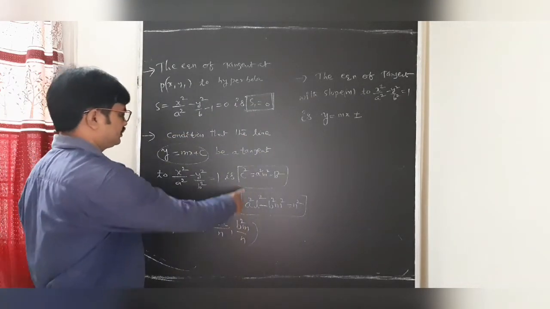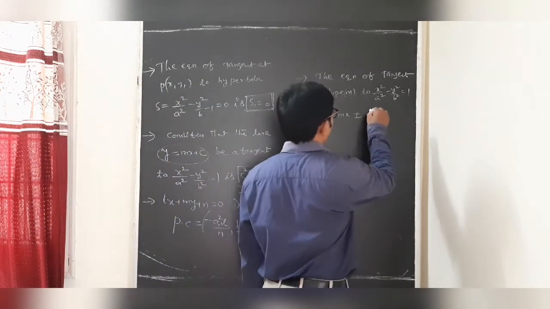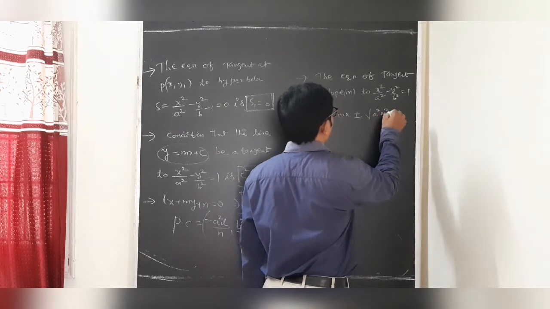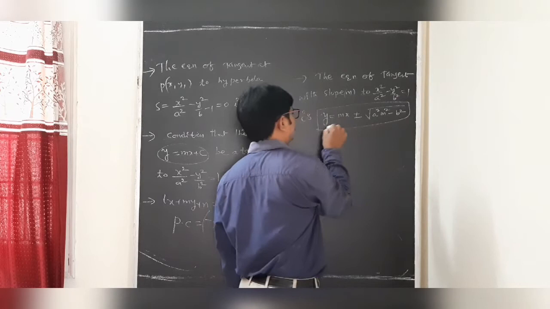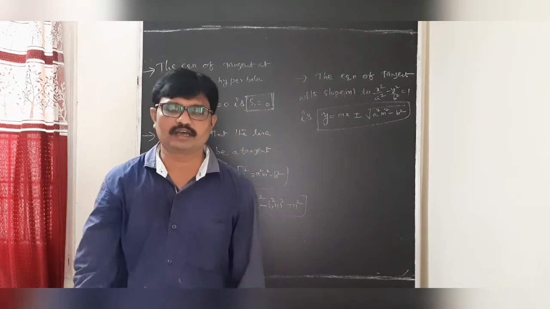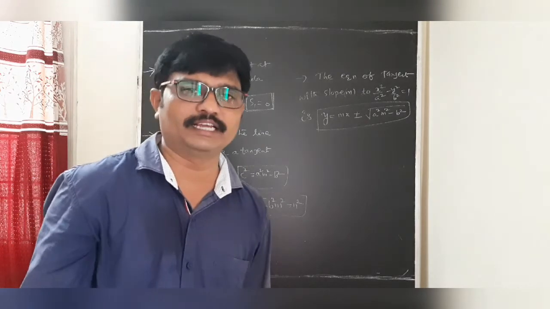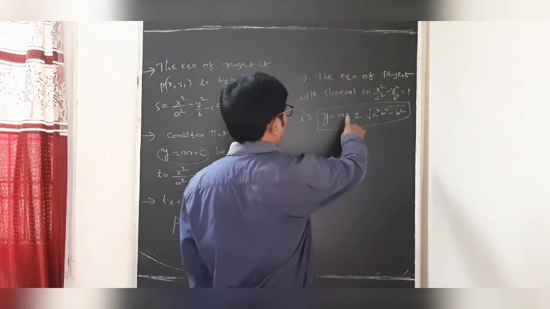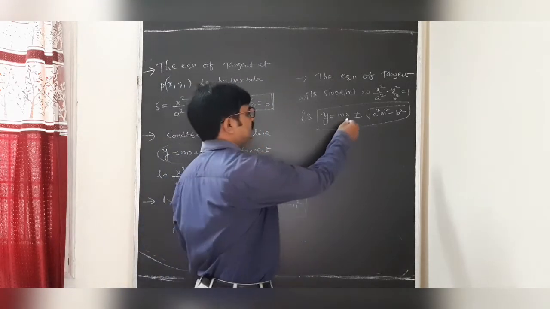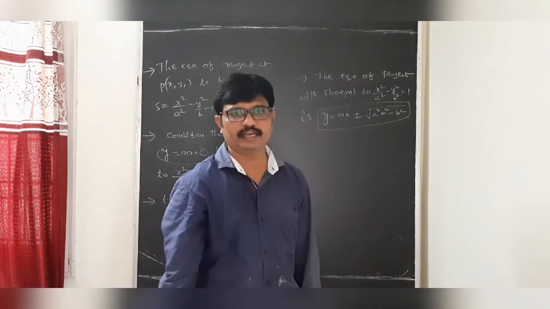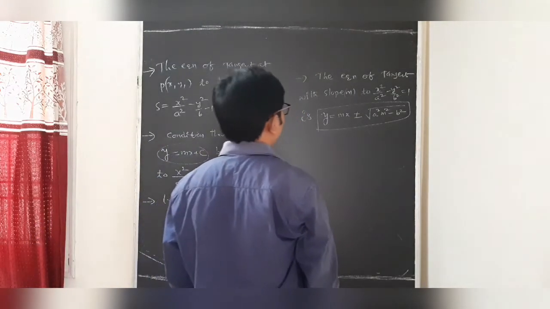Here c is plus or minus root of a square m square minus b square. My dear students, there exist two tangents drawn from an external point to the hyperbola: the plus sign gives one tangent and the minus sign gives the other.